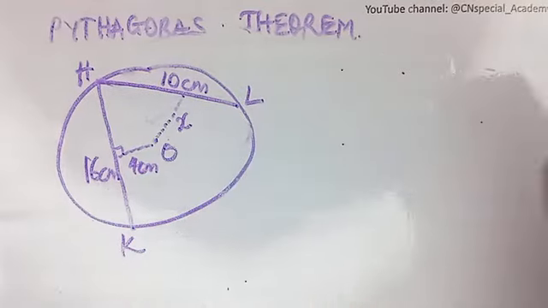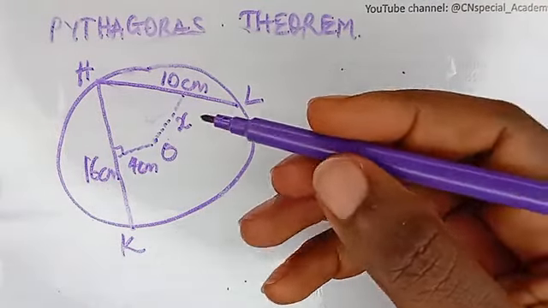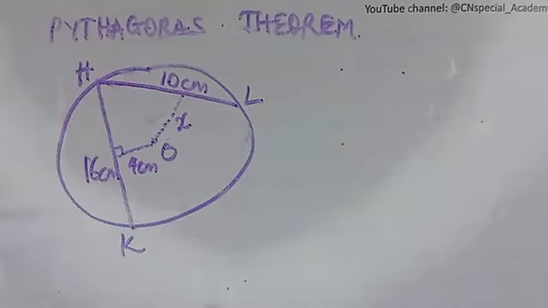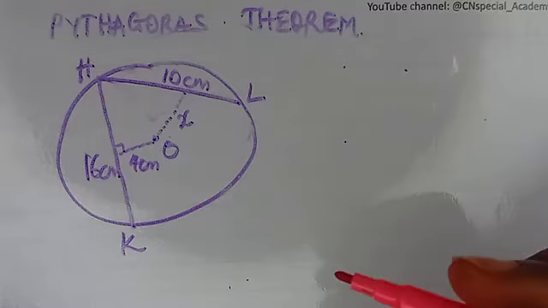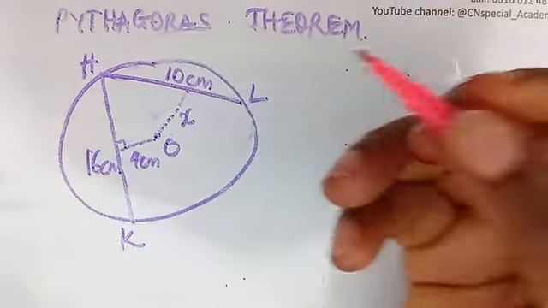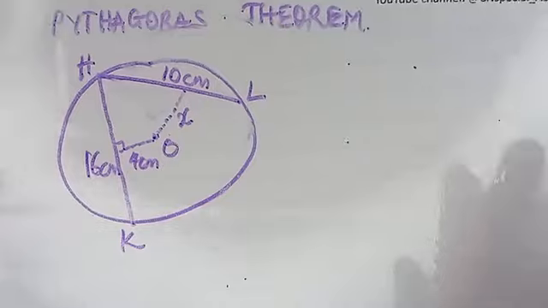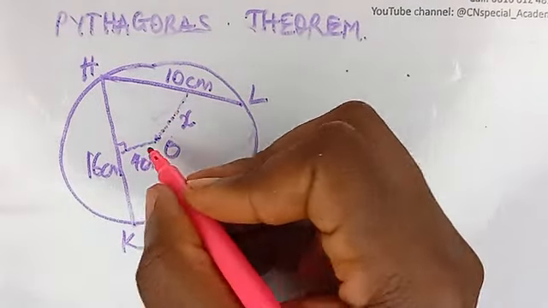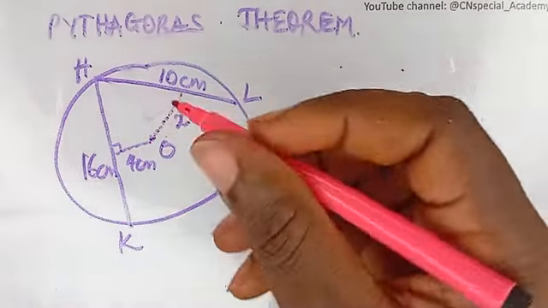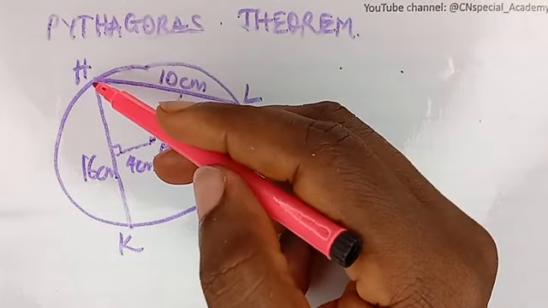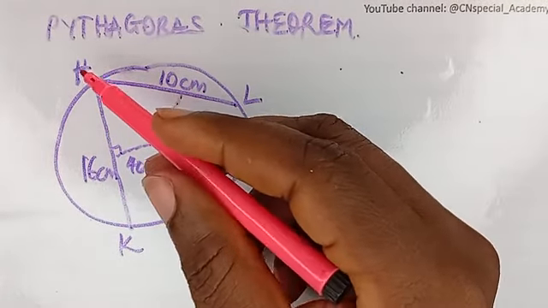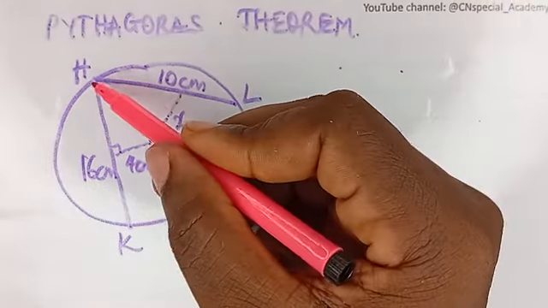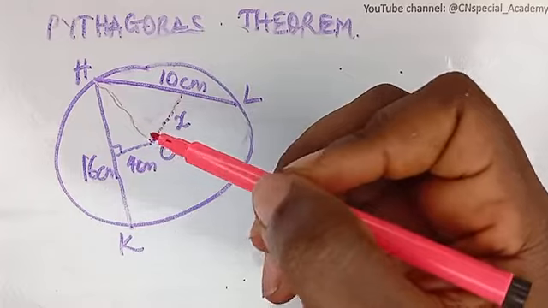Remember that this is O. I'm going to use another color of pencil to differentiate what we have in the diagram and what we don't have. Any line from the center of the circle to the circumference is the radius of that circle. So this line that will pass through here is the radius of the circle.